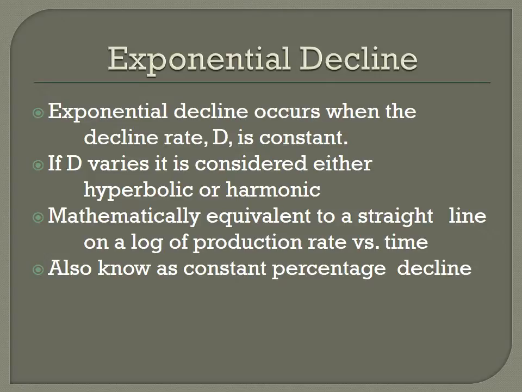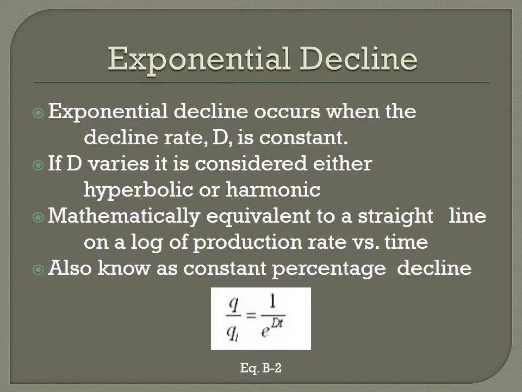The exponential decline curve is also known as the constant percentage decline curve. In this equation, we see that D is the decline rate percentage, and it remains constant. Due to the linear trend of exponential decline, it is known as the most recognizable type of decline curve.